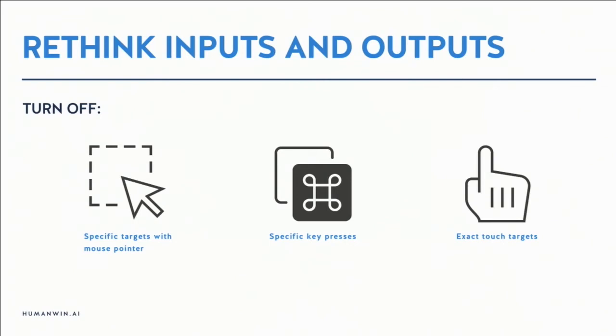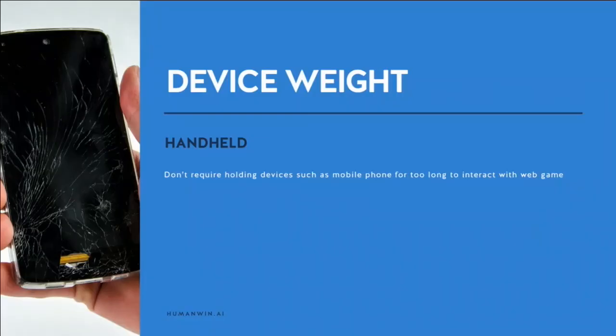I'm not going to show a lot of code samples, but here are some ways to flip on that accessible mode. Anything from rethinking exact touch targets or very specific elements on the screen and really widening that out, really rethinking those inputs and outputs, will help tremendously.